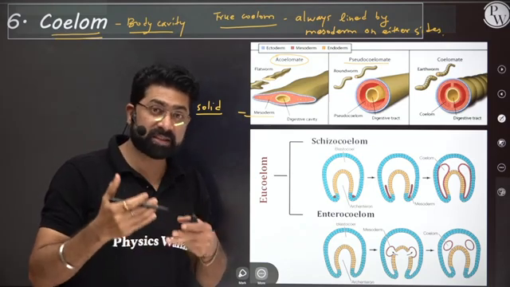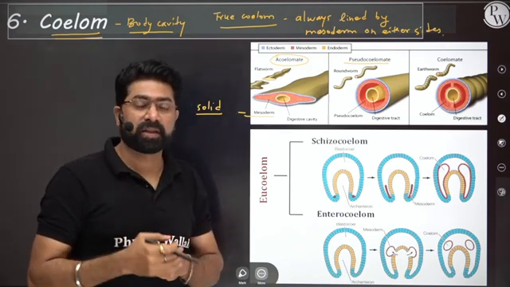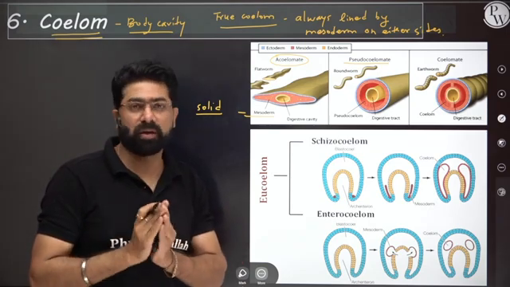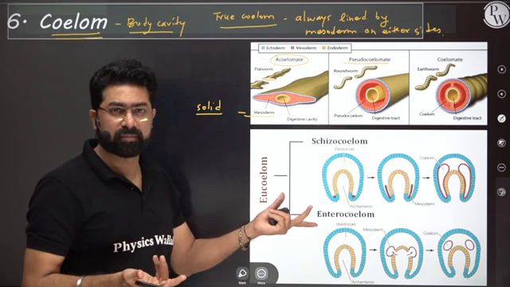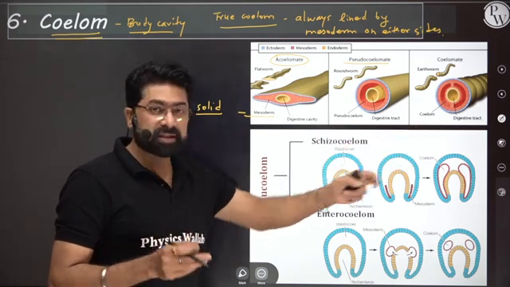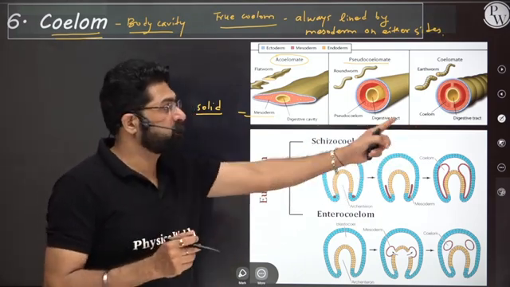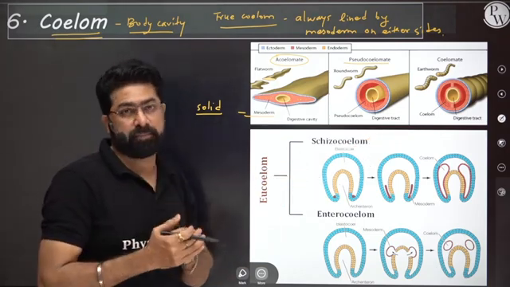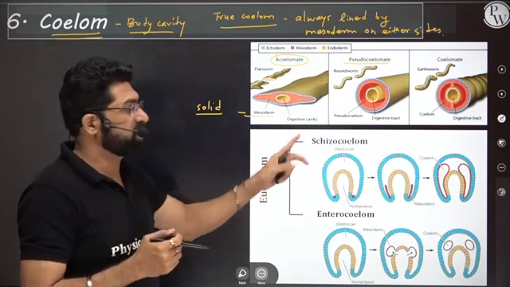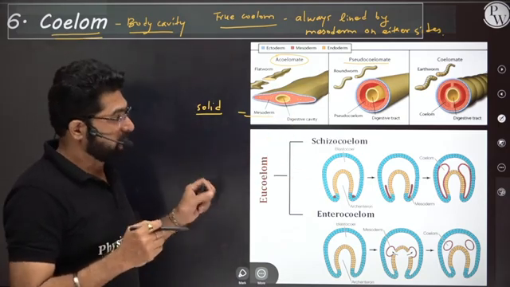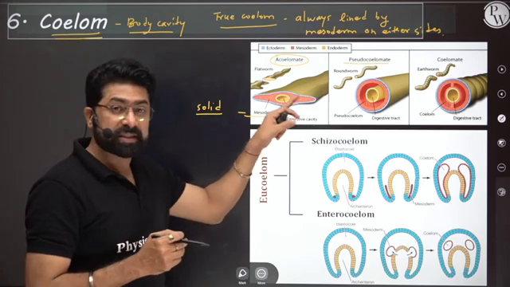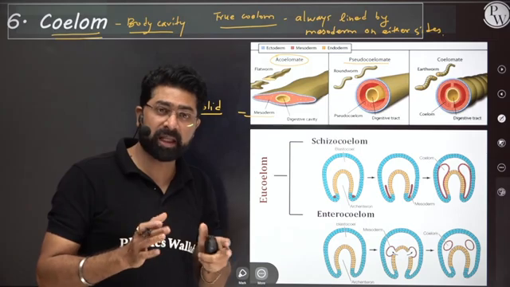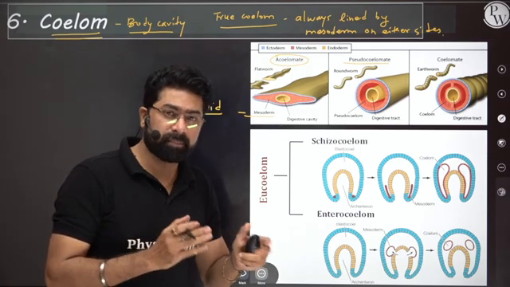The cavity has definitely developed, but it is not lined by mesoderm, so it is a false cavity. In the third case, the true coelom comes from the mesoderm and is also lined by mesoderm. So this is a perfect example of classifying organisms according to coelom. Even in pseudocoelom, the origin of the coelom doesn't take place from the mesoderm.